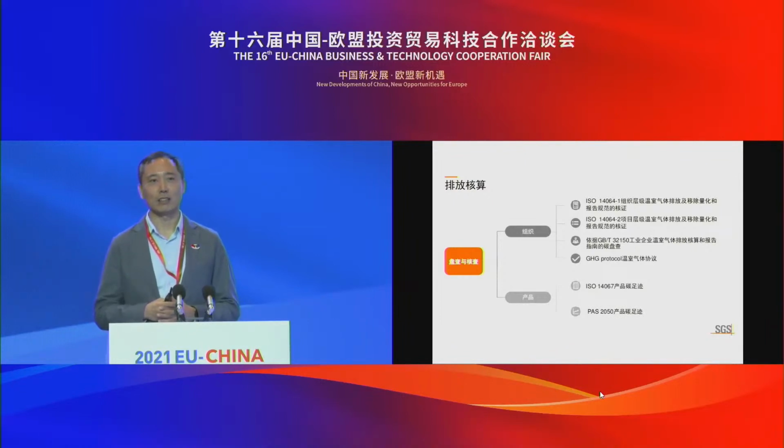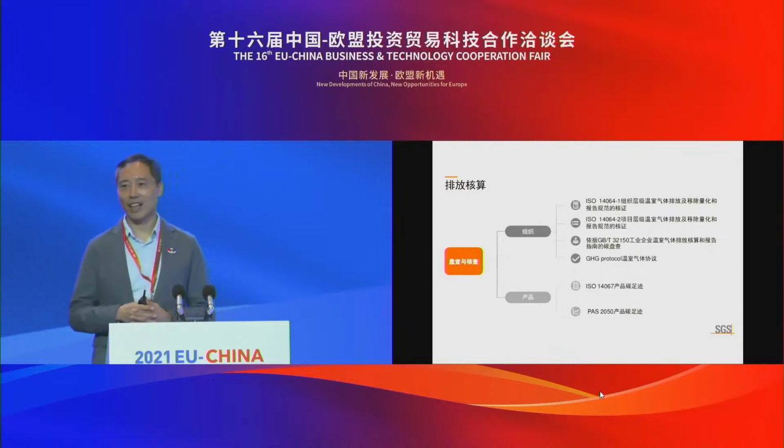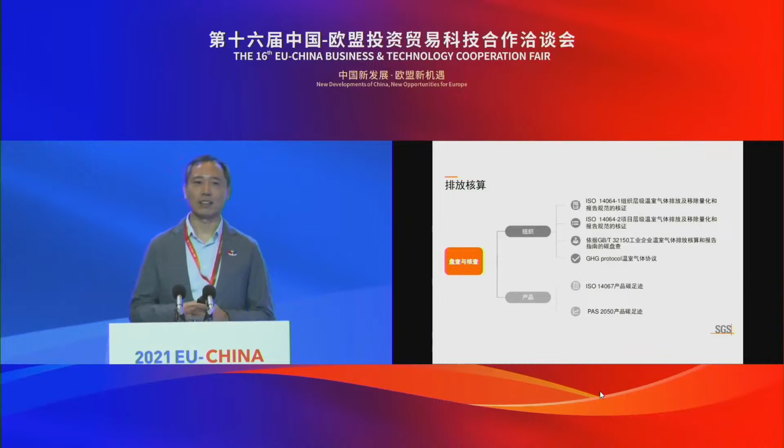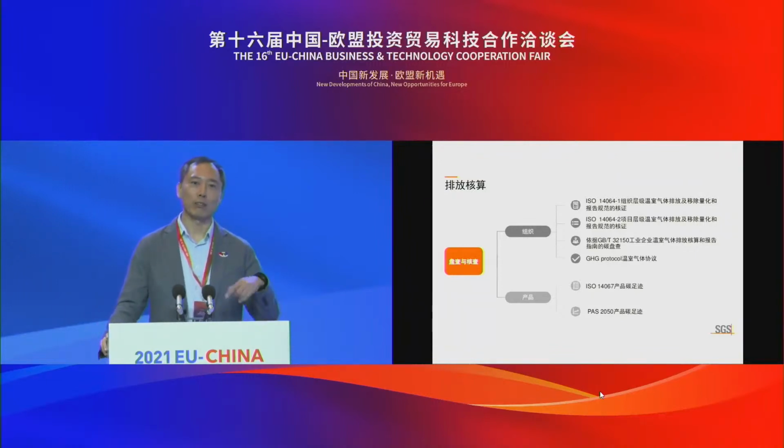And I would also like to share with you some professional industry-specific knowledge. So what is carbon? Carbon is classified in two categories. The first is organizational carbon.